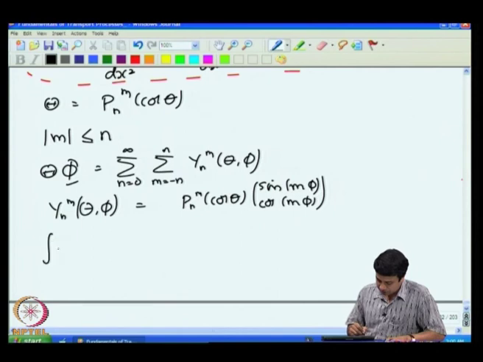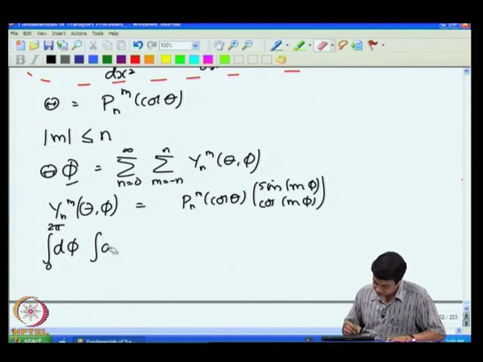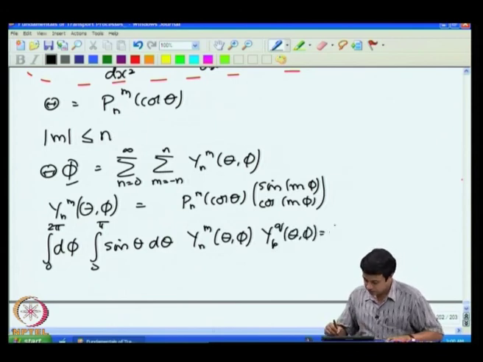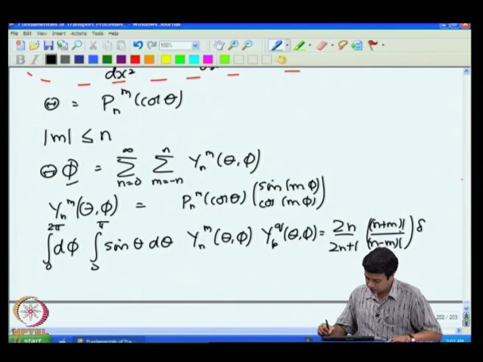Integral d phi from 0 to 2 pi, integral sin theta d theta from 0 to pi, Y n m of theta phi times Y p q of theta phi, is equal to 2 by 2n plus 1 times (n plus m) factorial by (n minus m) factorial times delta n p delta m q.